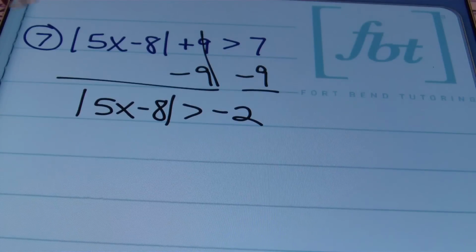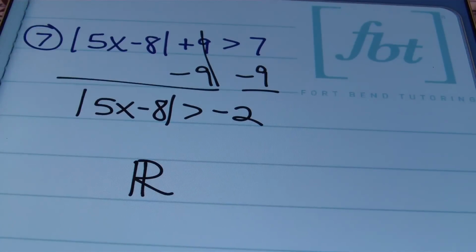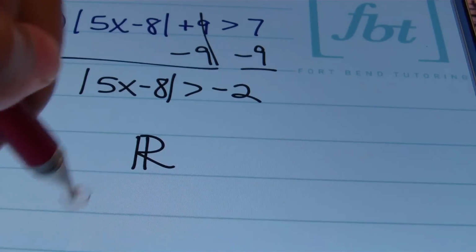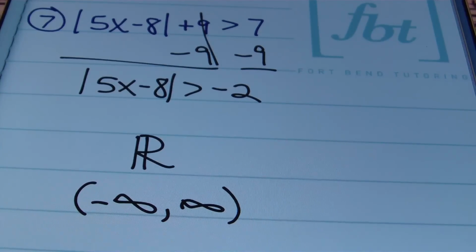Being as though the absolute value can only be 0 or positive, that means that any number that you plug into this absolute value will be greater than negative 2. Every single number you can put in there will be greater than negative 2. That means that your answer to this is all real numbers. If you were to show this in interval notation, you would have negative infinity to positive infinity. That's it.